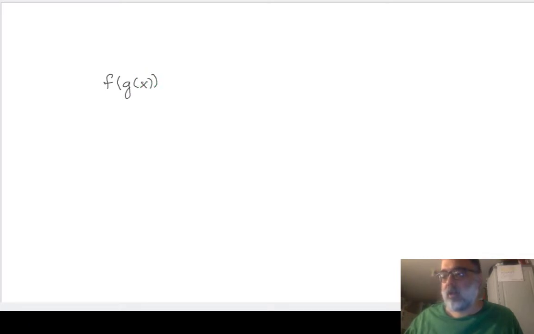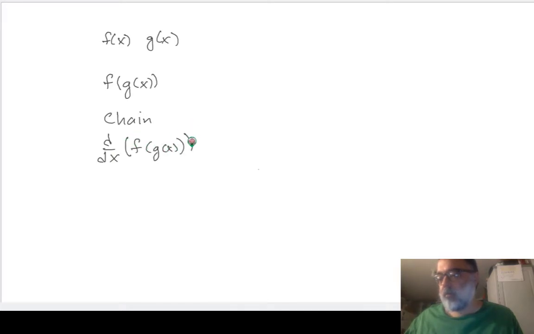Right, so if we make a new function, we've got some function f and we've got some function g. We know the chain rule tells us how to take the derivative of this whole thing. And you see this expressed lots of ways.